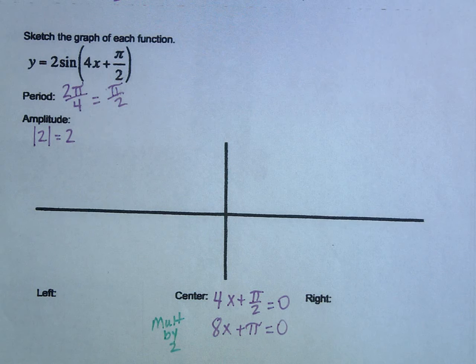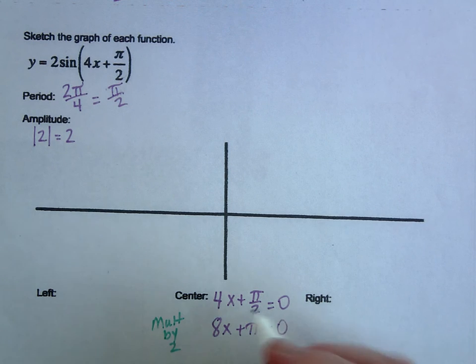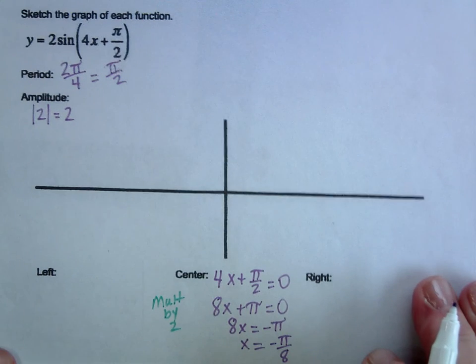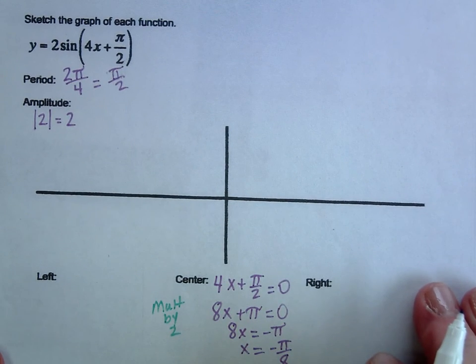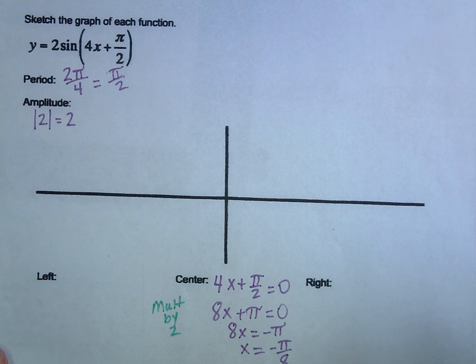Then I'm going to move this pi to the other side. 8x equals a negative pi, and divide by 8. And I look at that and I'm like, whoa, Nelly, that's ugly. I don't think I want to use my trick on this because it's in eighths and my period's in halves.